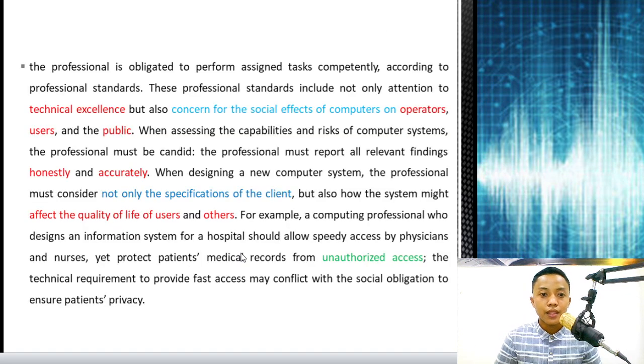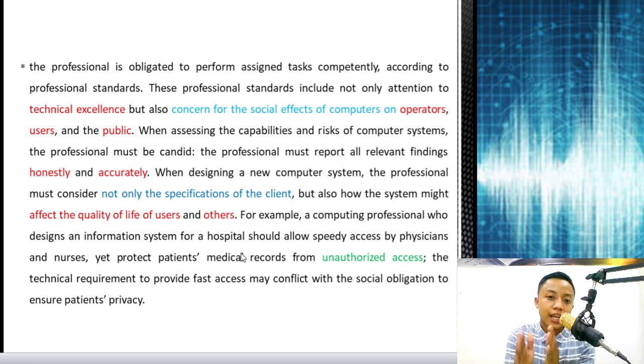Clients. The professional is obligated to perform assigned tasks competently according to the professional standards. These professional standards include not only attention to technical excellence, but also concern for the social effects of the computer on operators, user, and the public.